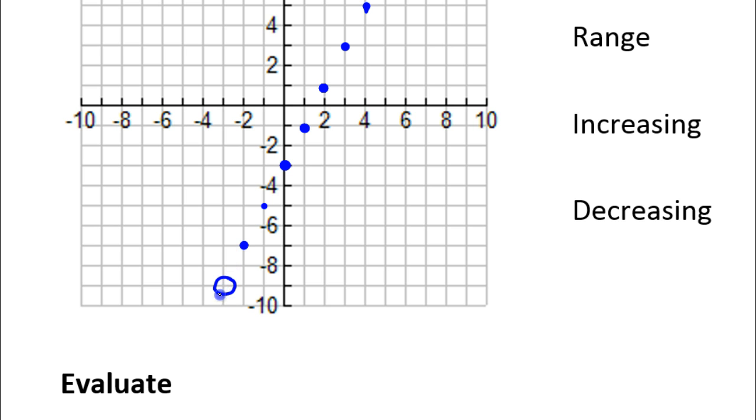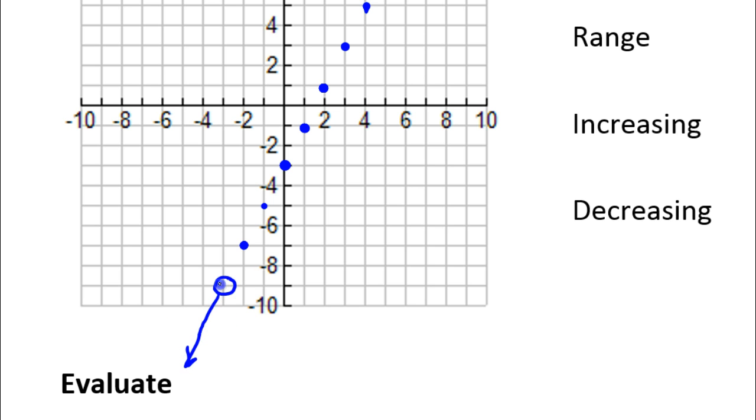If I kept going down 2 over 1, my next point would be about here. So I need to draw the part that's going to the left of negative 3, so I need to draw this part, not this giant part over here. So that's what I'm going to do, even though it's going straight off the graph. Okay, I'm going to draw this part. And then it's going to disappear, but then I'm going to draw it again.